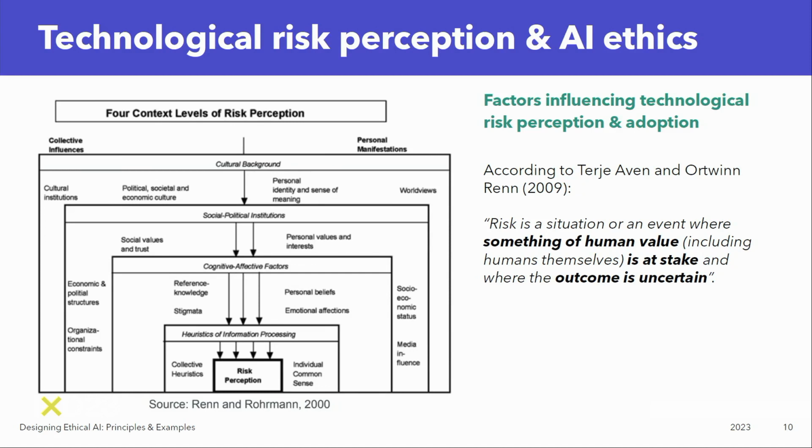And then you have also political, societal, and economic aspects that surround technology. There are also cultural institutions that may support the development of certain innovations and others that not necessarily. So what may be a great innovation here in Europe may not be as welcoming in other parts of the world, in another society. Another layer is the socio-political institutions, which are personal values, the socio-economic status of people, the media influence.